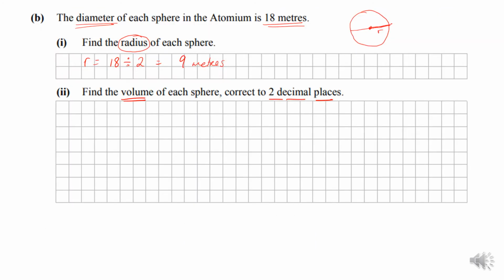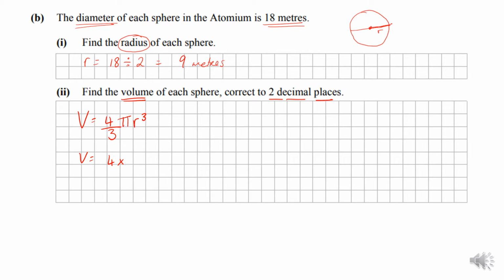Okay, so let's transcribe our formula. Always write that down. V equals 4 over 3, that's 4 divided by 3, multiplied by pi, multiplied by r cubed. So let's fill in the information and calculate. V equals 4 multiplied by pi.